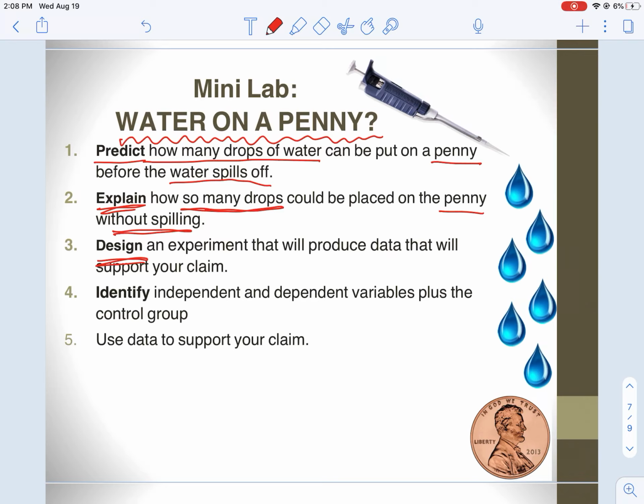So typically in an experiment, you would have different trials. So you do need to have some kind of data that you collect. So we'll just say trial 1, trial 2, however many you feel like you need to get some good data.